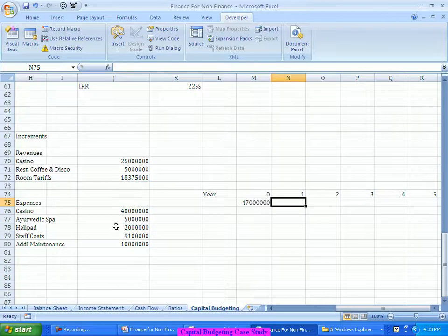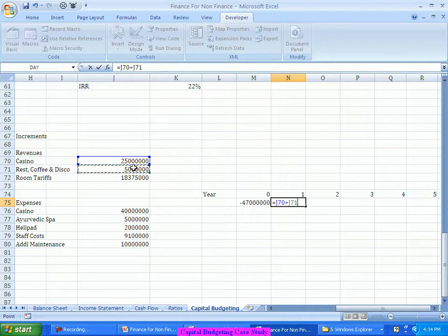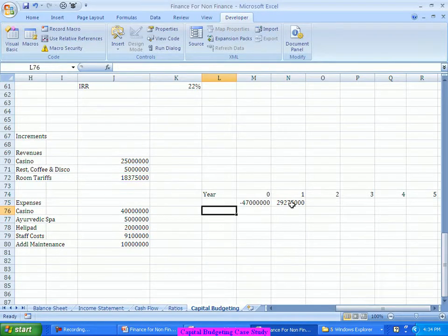Then what about my first year? I am getting the rentals on casino plus restaurant plus room tariff. These are the benefits I am getting, minus the staff costs, minus additional maintenance. So every year I am getting something like 2.92 crores. Let's assume every year I'll get the same amount.